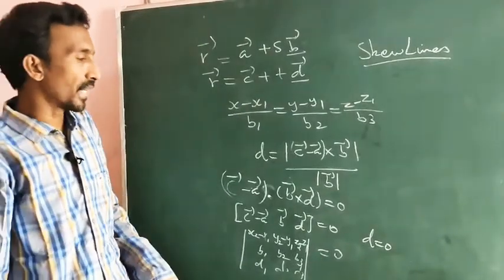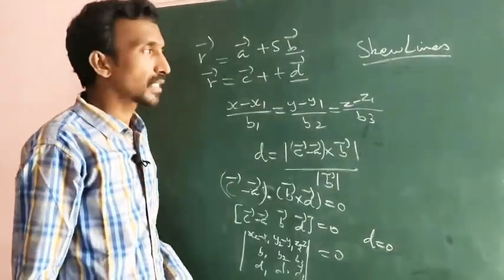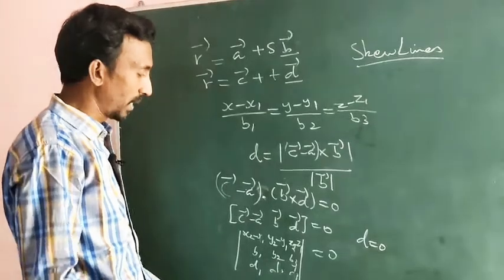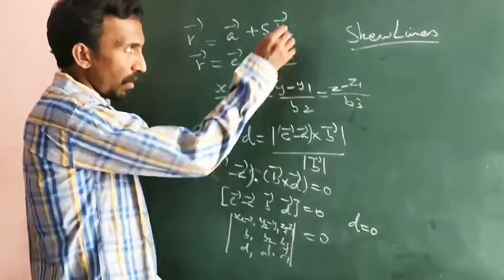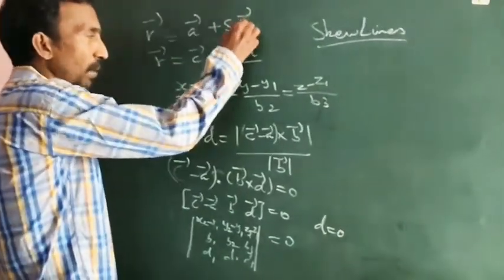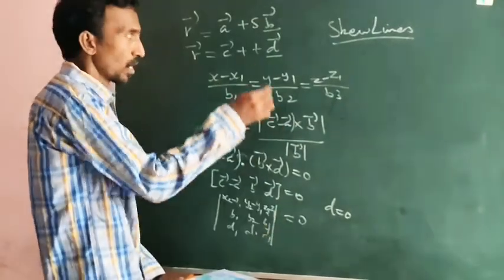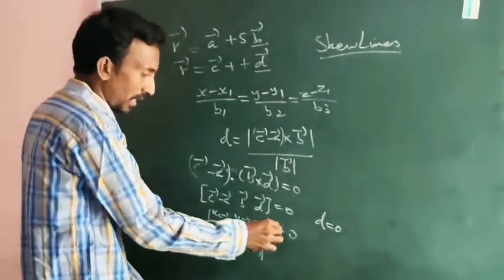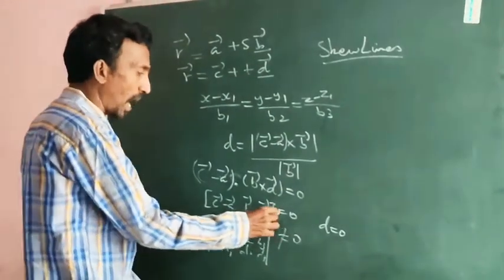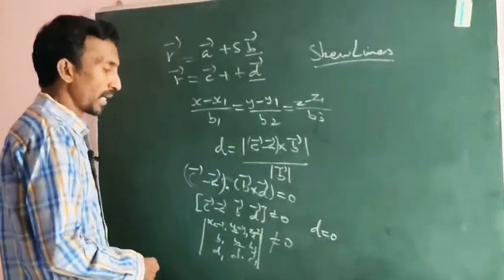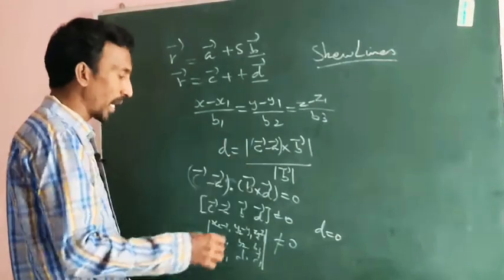Now how can we get the shortest distance between skew lines? First check whether they are parallel or not, then check the condition of intersection. Not parallel, and the determinant value not equal to 0, or the box product c minus a, b, d not equal to 0, means they are skew lines.